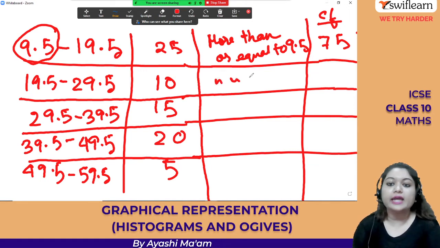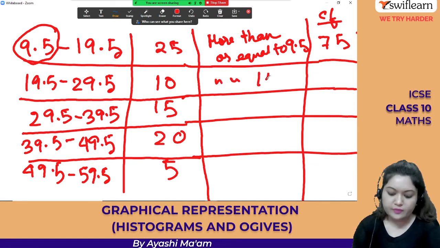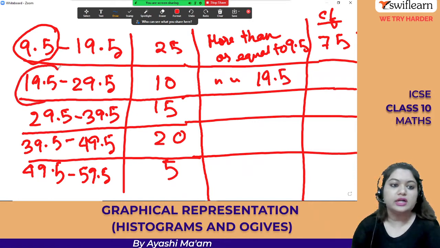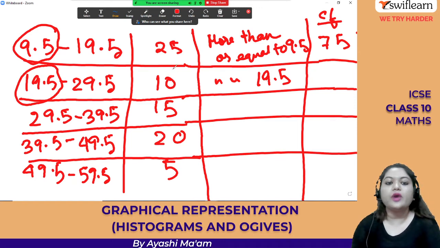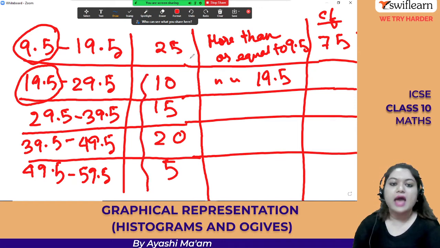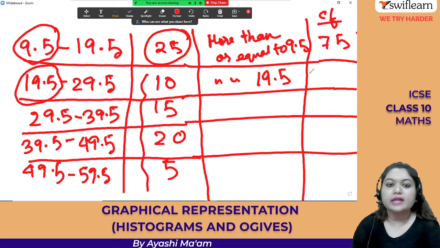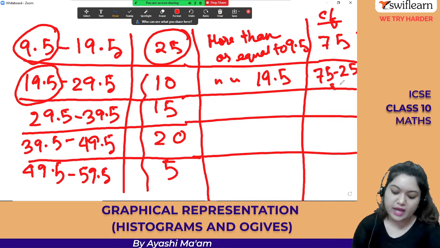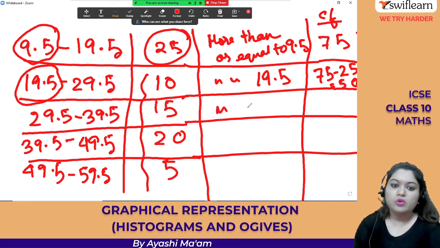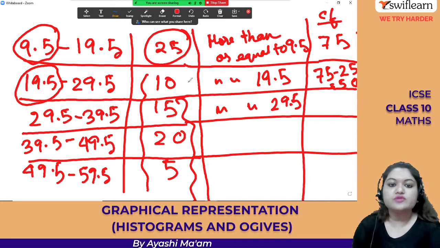Next one, you can write more than or equal to 19.5, because we are dealing with the lower class limit. So more than or equal to 19.5 means these parts, and from the total we have to subtract this 25. That means 75 minus 25, that is going to give you 50. More than or equal to 29.5, that means we are talking about only these three data, so we have to subtract this 10.